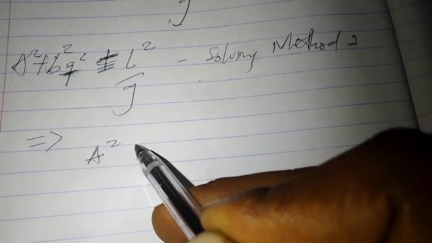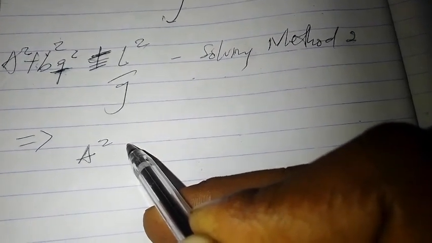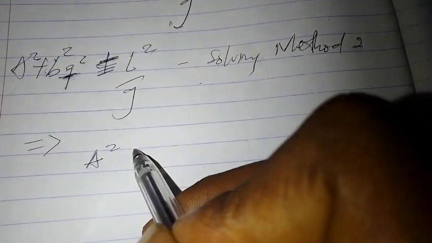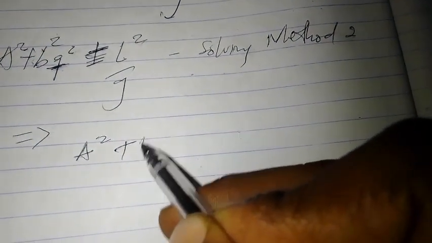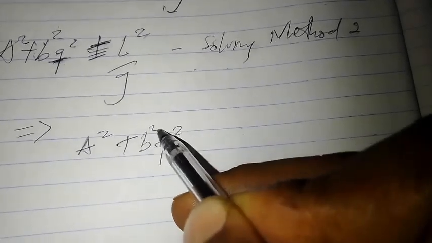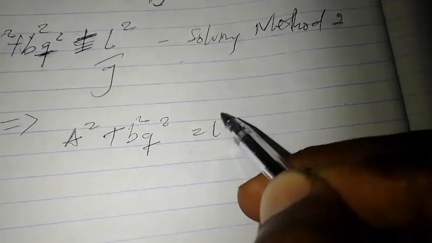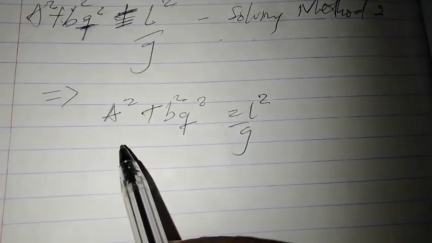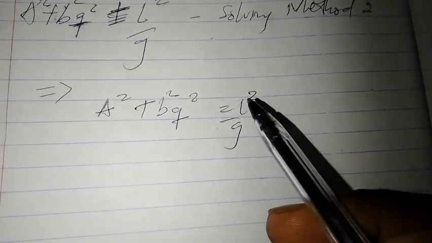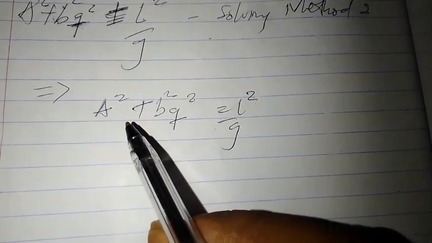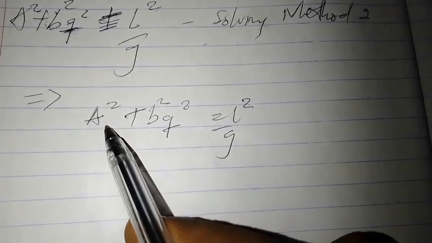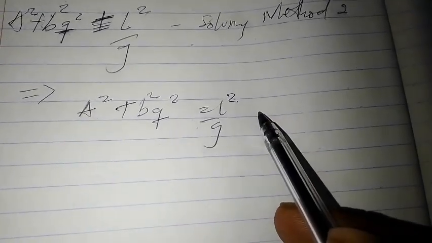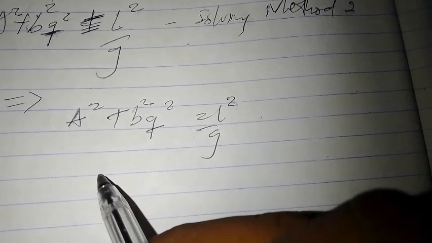So A squared plus B Q squared equals L squared over G. So here, what we have to do is move A squared across the equal sign.